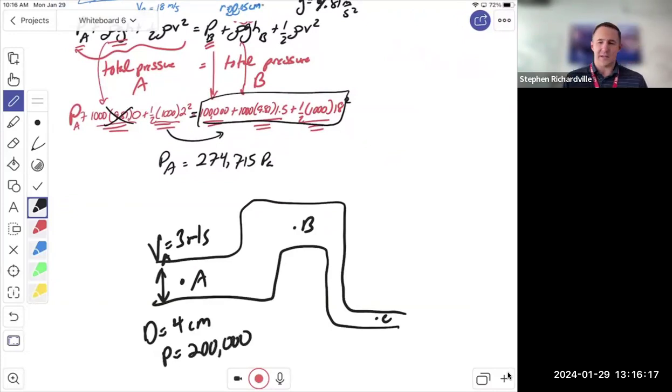You might be asked then with that information to find the velocity at B or the pressure at B, the velocity at C or the pressure at C. Well, all you have to do is equate the information at A to either B or C.